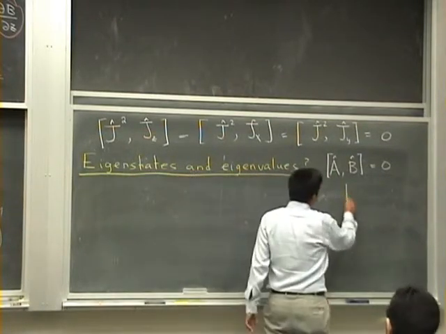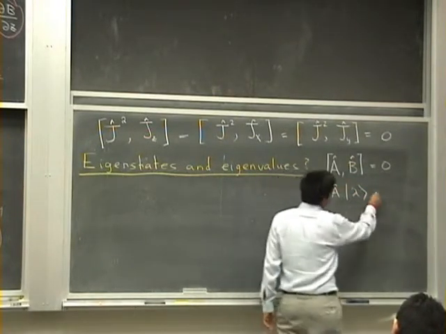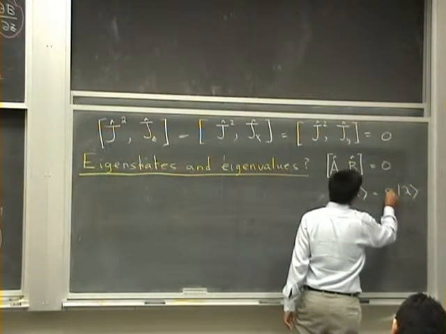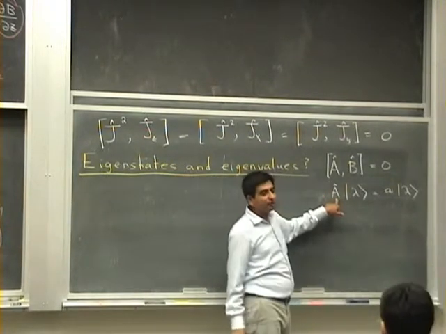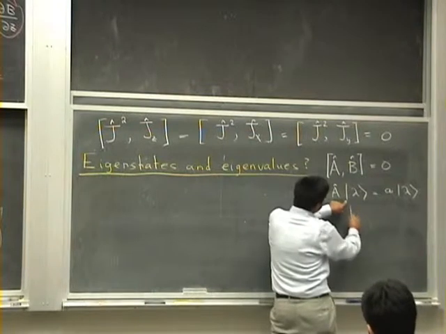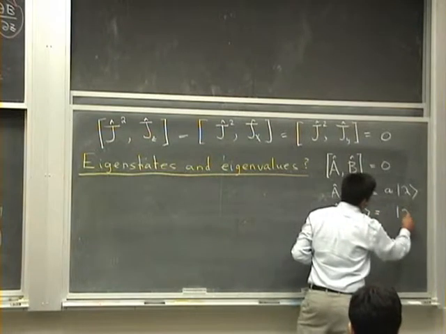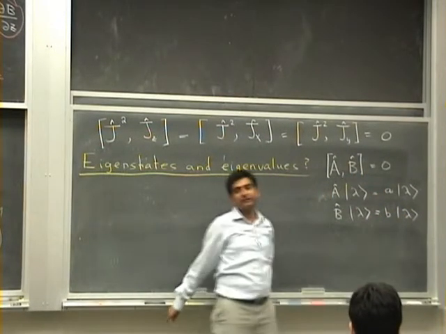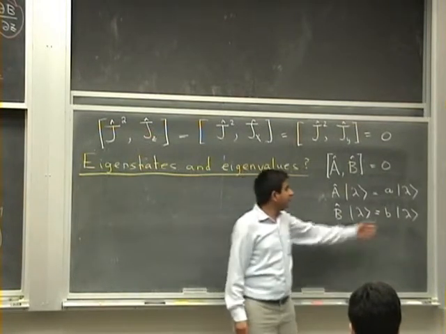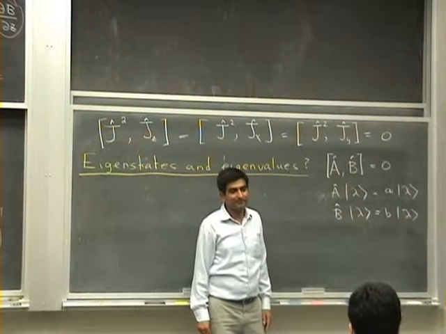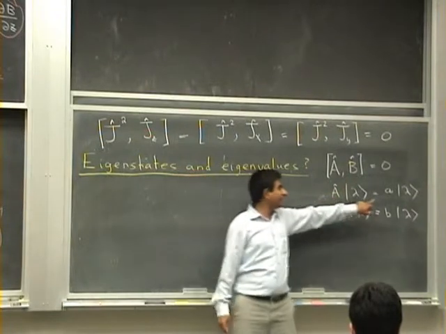So if I choose lambda to be a common eigenstate of A and B, then I can associate some eigenvalue, small a, which is an eigenvalue of the operator A. Now this eigenstate of A will also be an eigenstate of B, probably with some other, distinct eigenvalue, correct? So if the eigenstate is operated on by operator A, I get an eigenvalue a.